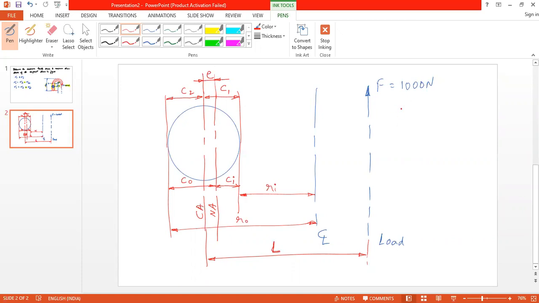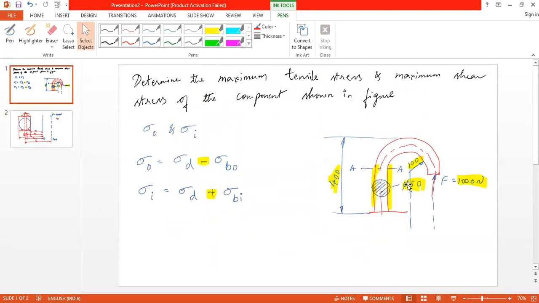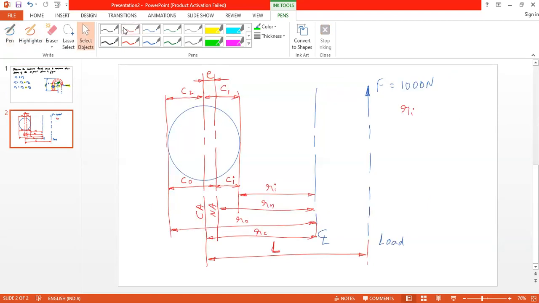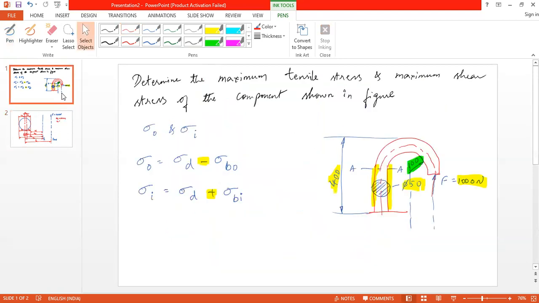Now, what is Ri? This is Rn, and this is Rc. The value of Ri is 100 mm. And what is R naught? This is Ri and this is R naught.